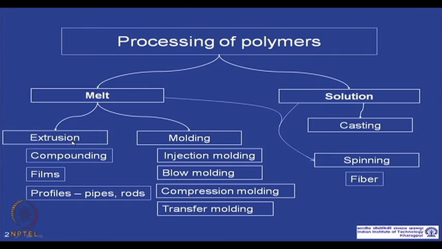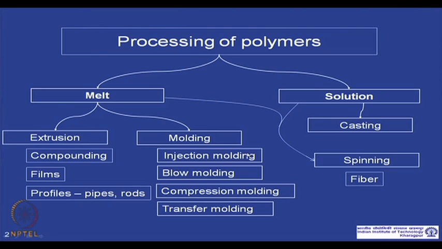Extrusion is basically a step where compounding, meaning mixing, is done between the polymer resin and other additives, reinforcements, colorants and all these things, and then taken to the molding stage to give the final part. Or extrusion techniques can be used for making final parts, very simple parts like films and profiles like pipes, rods and so on.